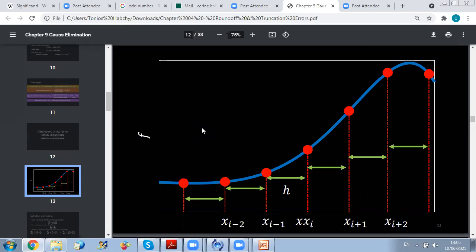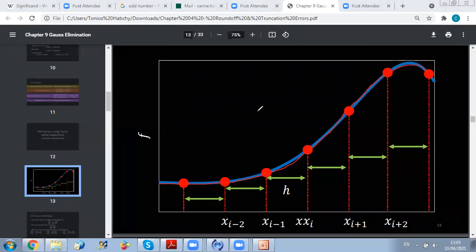When we deal numerically with derivatives, we should work in discrete domains. So instead of taking a continuous curve, I'm just working at discrete points. I will discretize my domain, then I will select a certain step, h equal to delta x, and then I can number my discrete points.